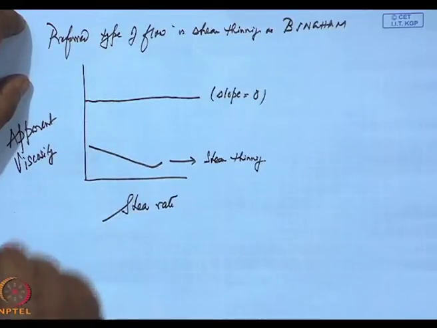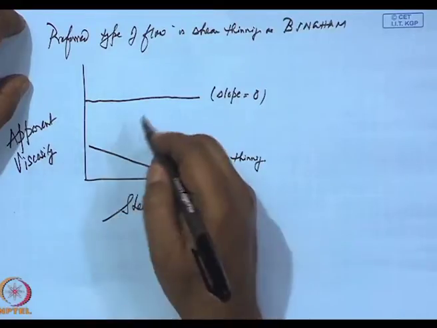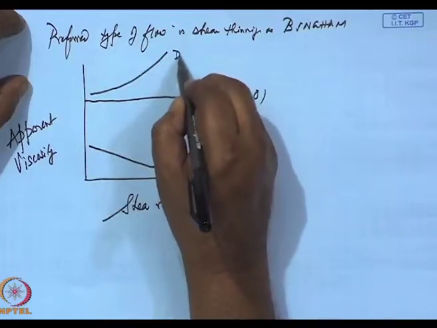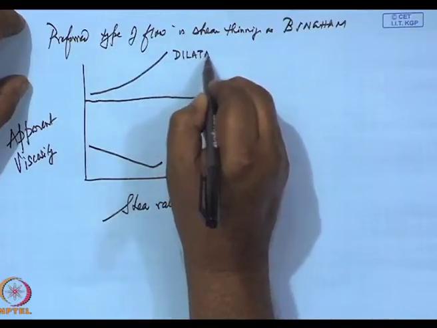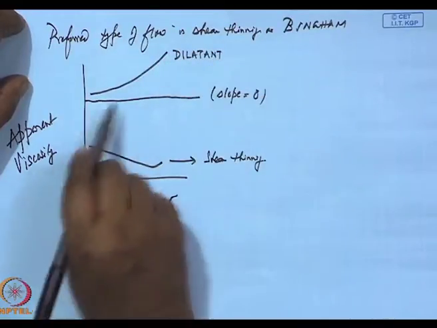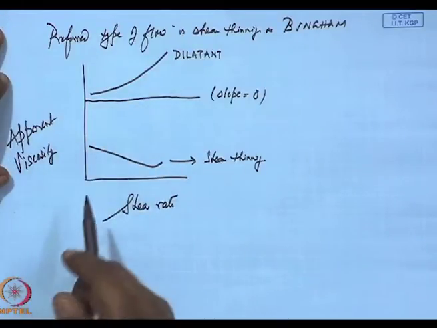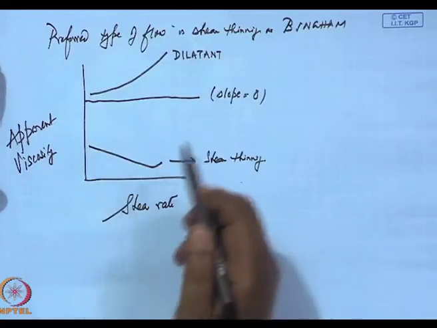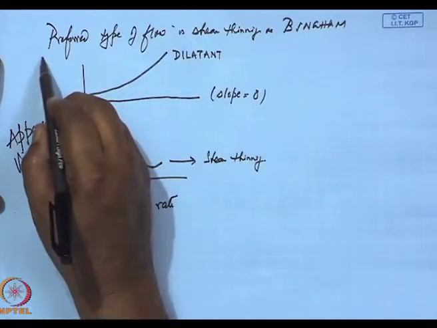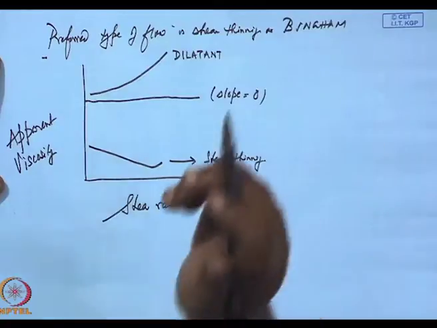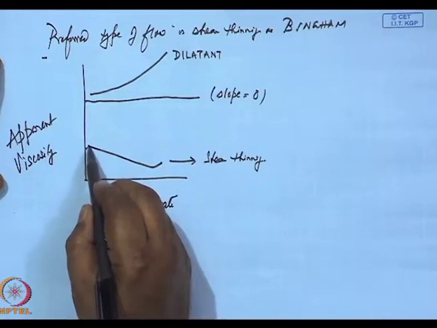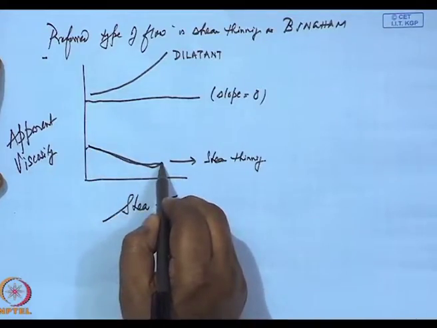The other one which we often encounter is dilatant. That is, as the shear rate increases, the viscosity increases. So, during mixing, the preferred type of flow that we require is shear thinning.